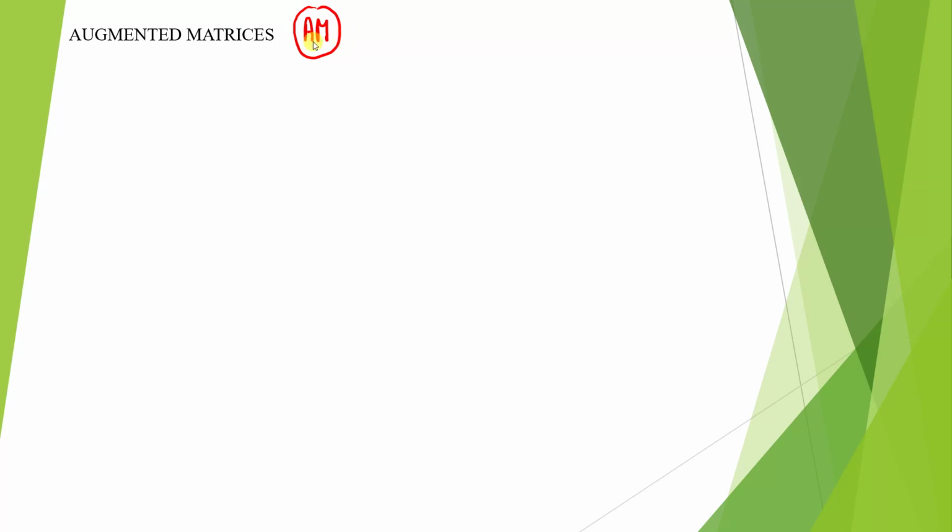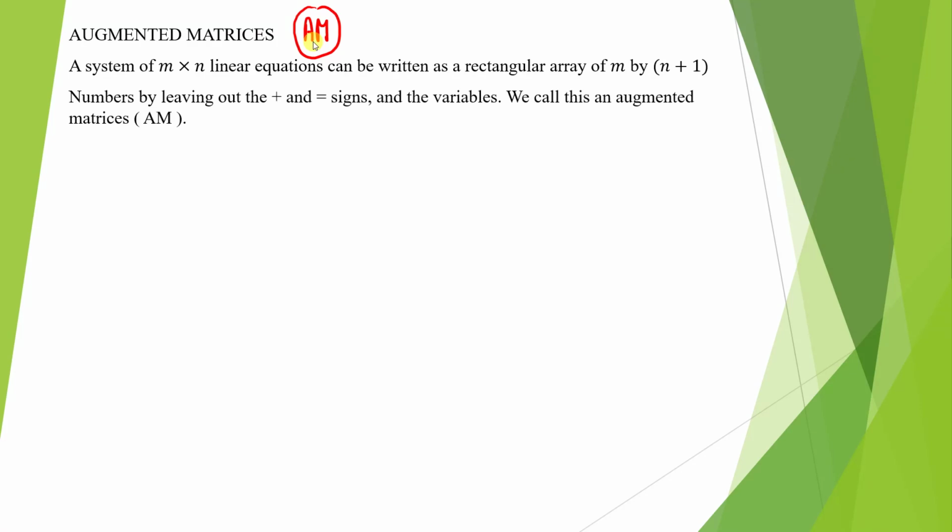What does augmented matrix mean? An augmented matrix of a system of m by n linear equations can be written as a rectangular array of m by n plus 1, with the equal sign and the constants. We call this the augmented matrix, AM. A is augmented and M is matrix.